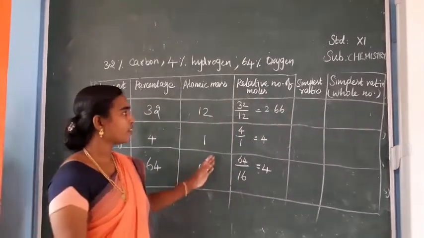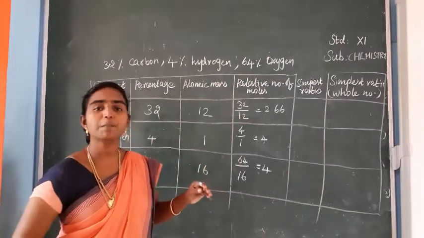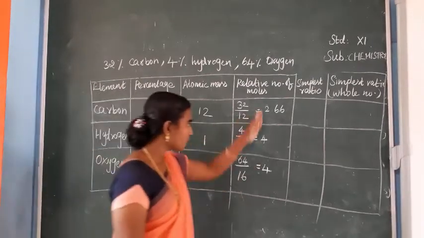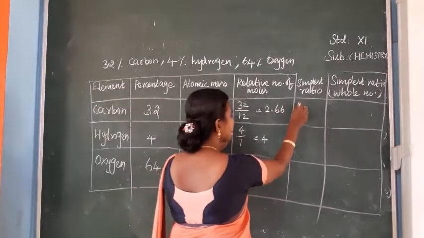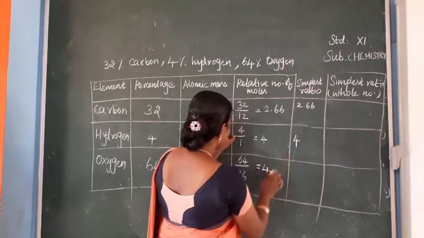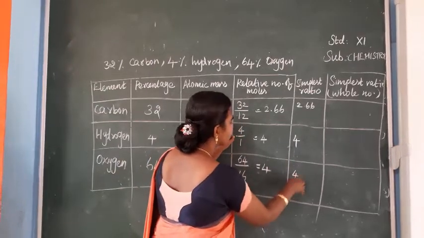Next, what we have to do? We have to find the simplest ratio value, isn't it? These values should be entered here: 4, and here also 4.